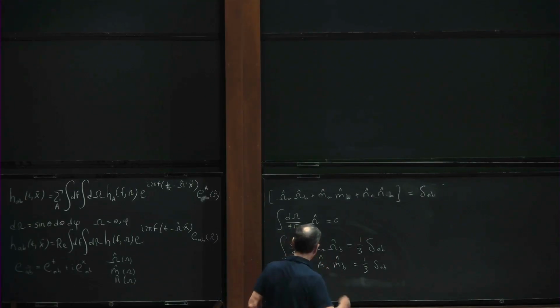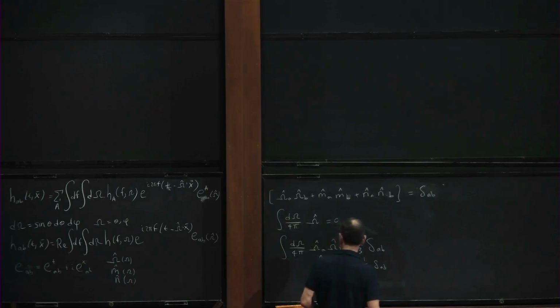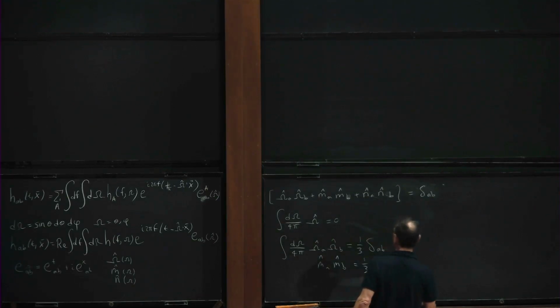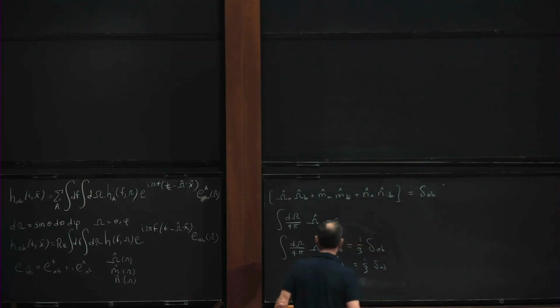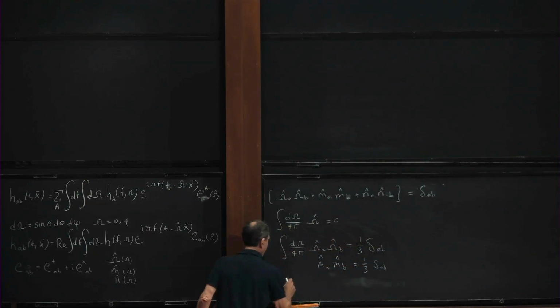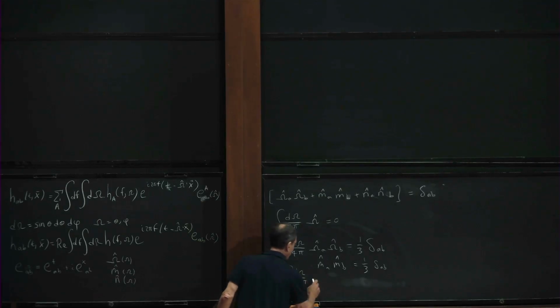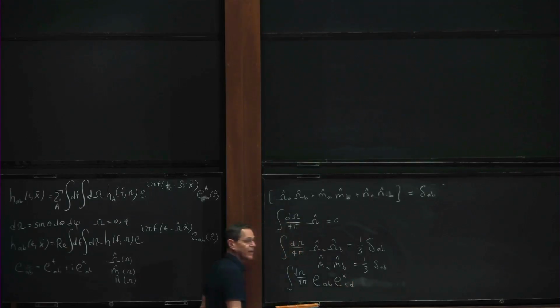All right. I want to assign something. This is a problem, which is the following. Work out what the following integral is. It's d omega over 4 pi, E_AB E star_CD.